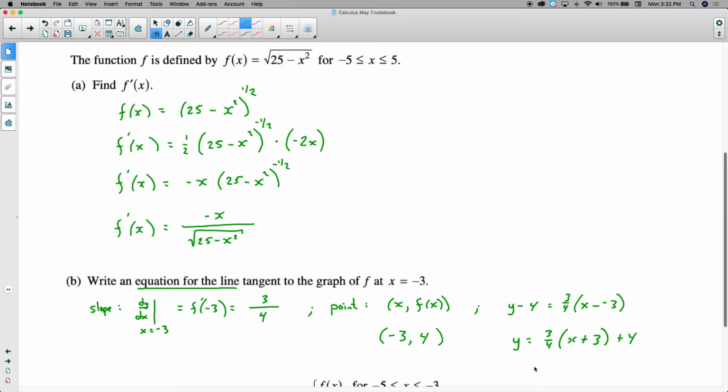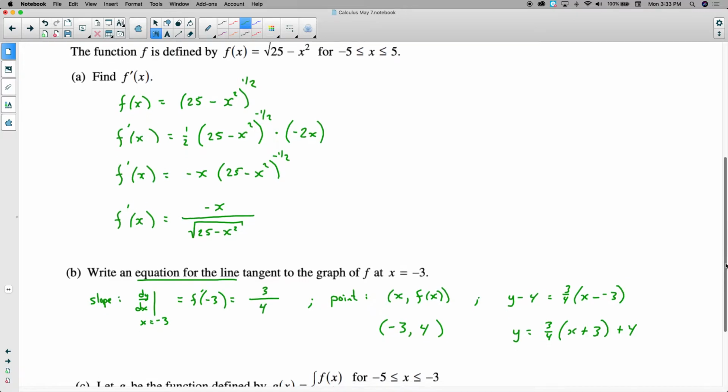Okay, that is my answer to B. Write an equation of the line tangent to the graph of f at a particular point. So I needed to know the derivative at that point, and I needed to know the point of tangency.